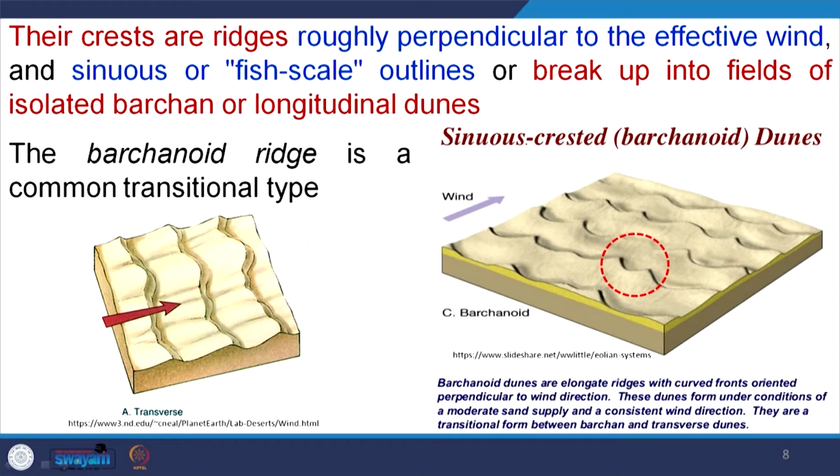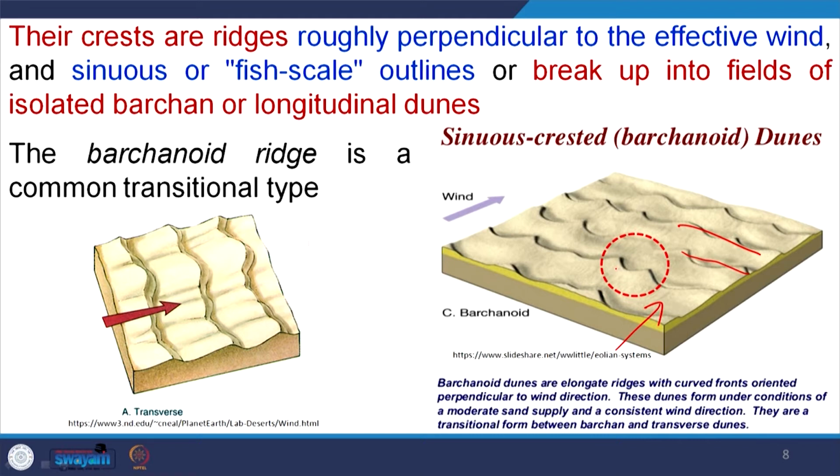Their crests are ridges roughly perpendicular to the effective wind, with sinuous or fish scale outlines, or they break up into fields of isolated barkans or longitudinal dunes. It is very interesting to discuss it here. Once we get a transverse dune, here is the wind blown direction, but this transverse dune may break into different types of dune.